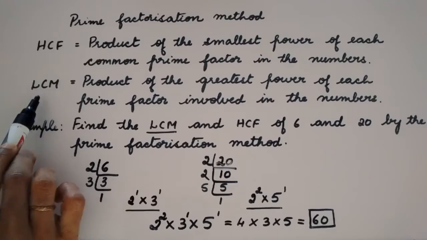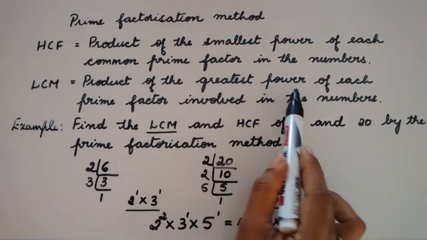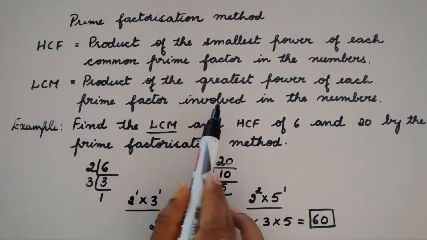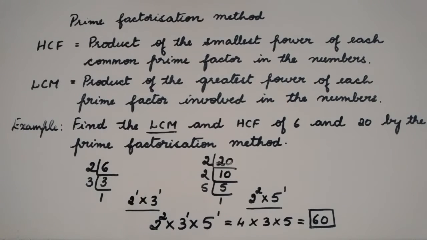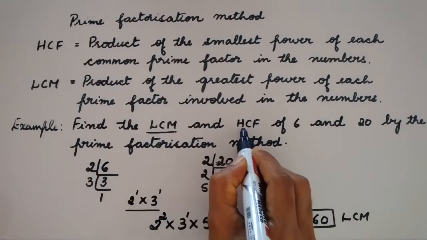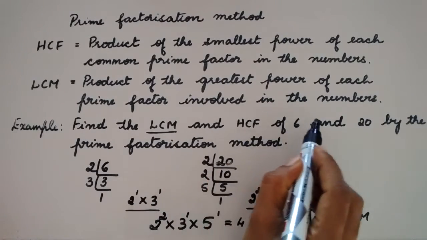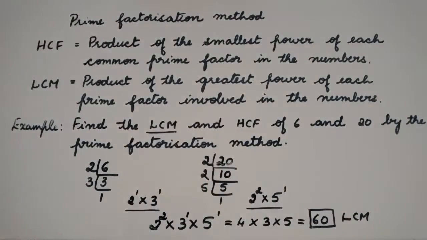So what is LCM? It is the product of the greatest power of each prime factor involved in the numbers. So this is the LCM. Is this clear, students? Okay. Now next, let us find the HCF of 6 and 20.